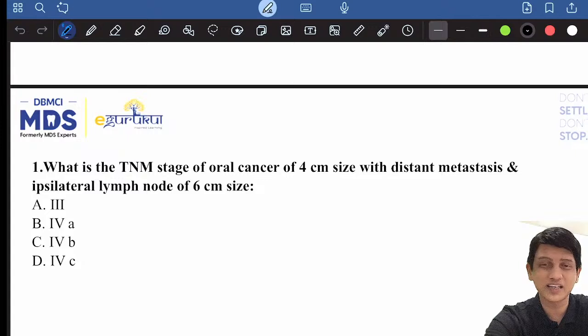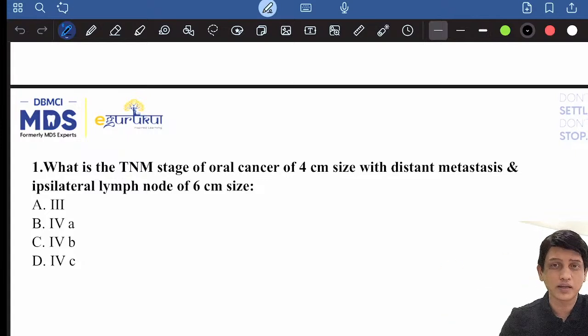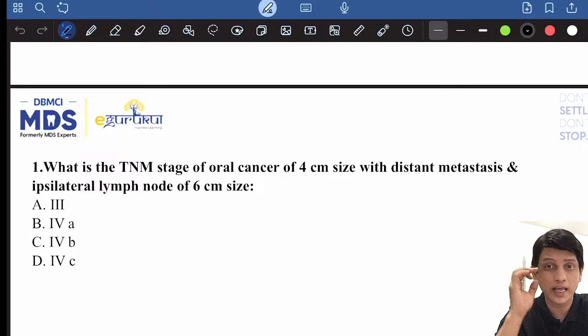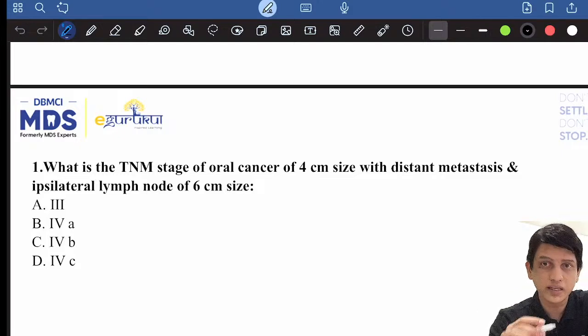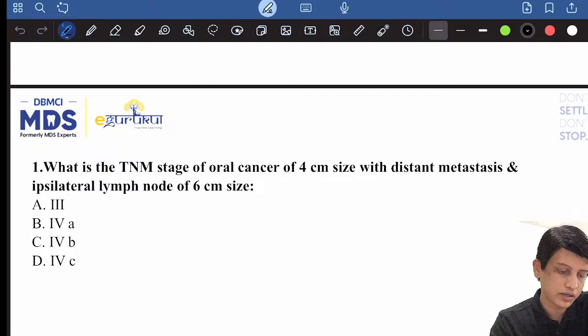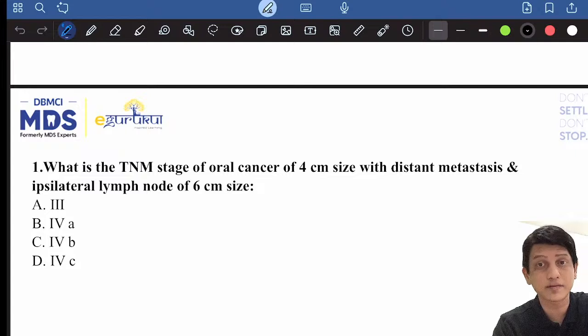Many a time they'll make it very easy for you. You need not remember everything. One clue will be there which will help you decipher the answer. Here they have given T4, an ipsilateral lymph node of 6 centimeter, and an M1 distant metastasis already present.